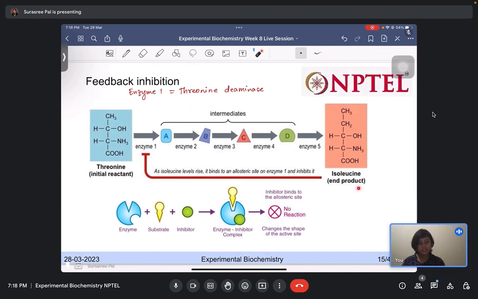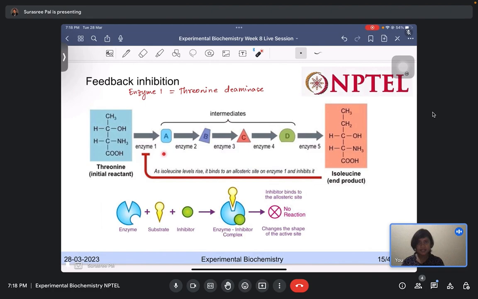So isoleucine can bind to the threonine deaminase allosteric site. So this isoleucine serves as the inhibitor. It binds to the allosteric site and does not allow binding of the substrate to the enzyme, right? So that is how the threonine deaminase enzyme can be inhibited.